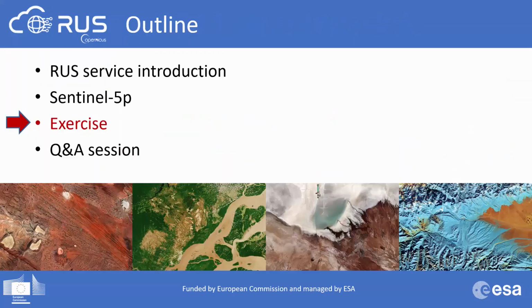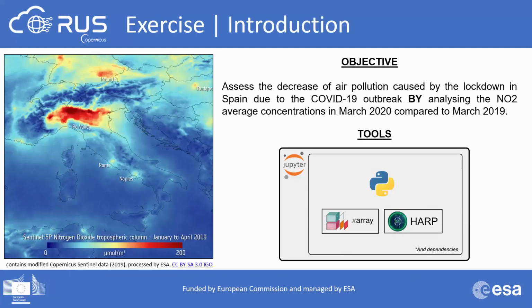Okay, so let's get started and move on into the exercise. But before that, I want to introduce the objective of the exercise. Our objective today is, as you can see on the slide, to assess the decrease of air pollution caused by the lockdown in Spain due to the COVID-19 outbreak.